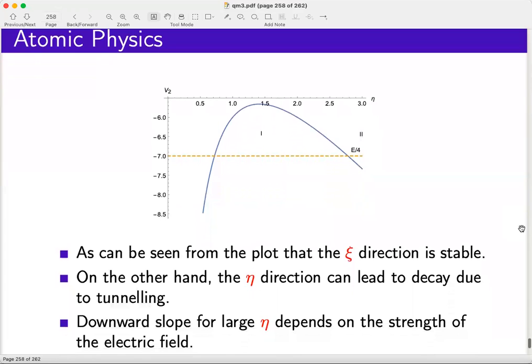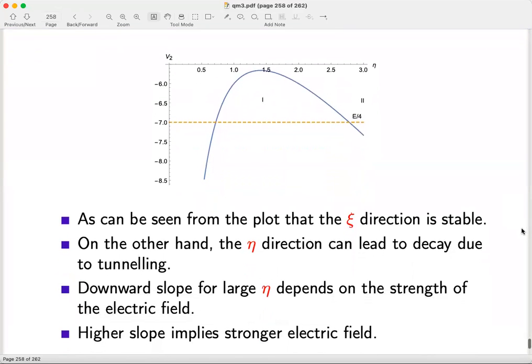Fine. So here are the other conclusions that we had already drawn. The plot involving V1 as a function of xi is stable. Nothing great happens. The plot involving V2 as a function of eta clearly has a tunneling possibility. Now, what is the downward slope here? That depends upon how strong the electric field is.